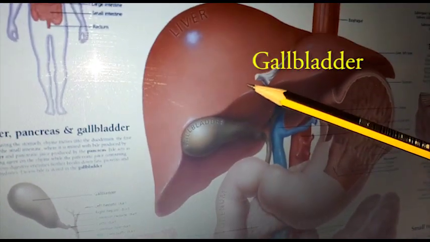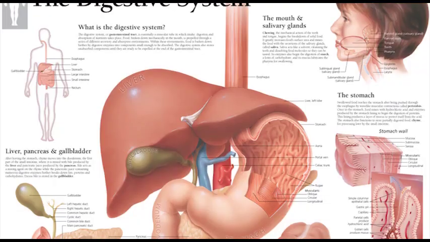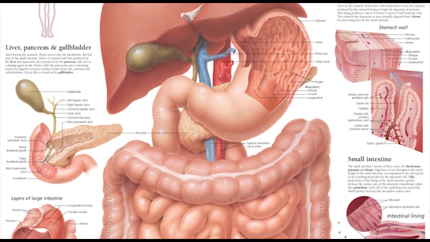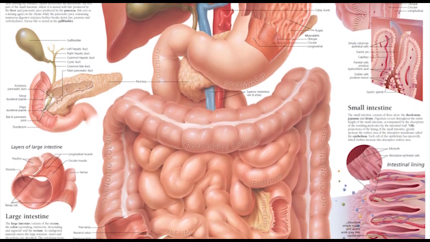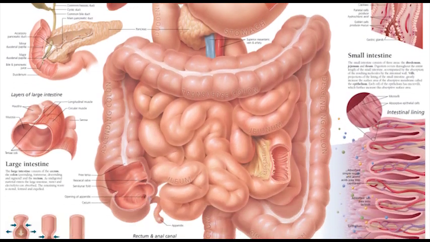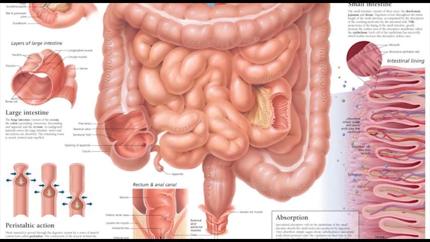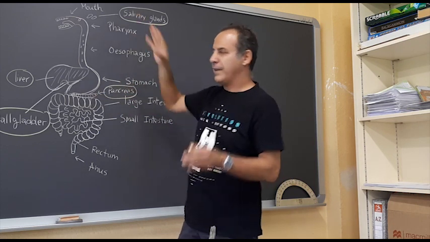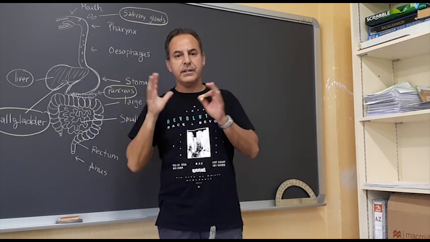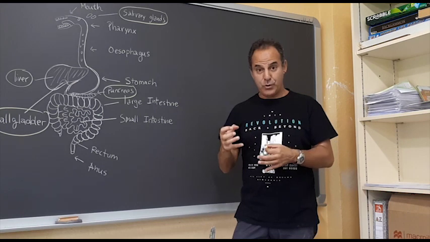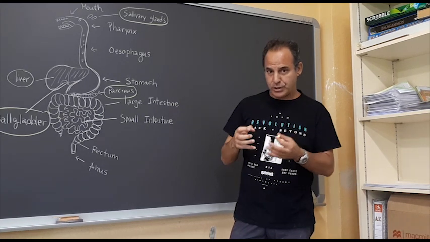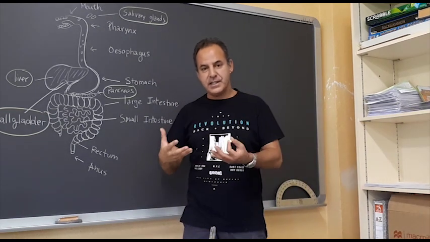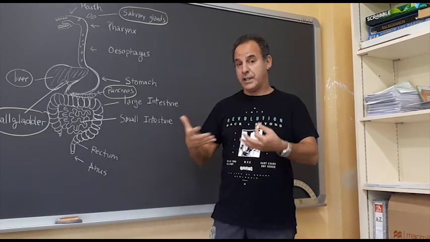The gallbladder is next to the liver. These four have a slightly different function. They produce liquids or juices that help the digestive process to work better.